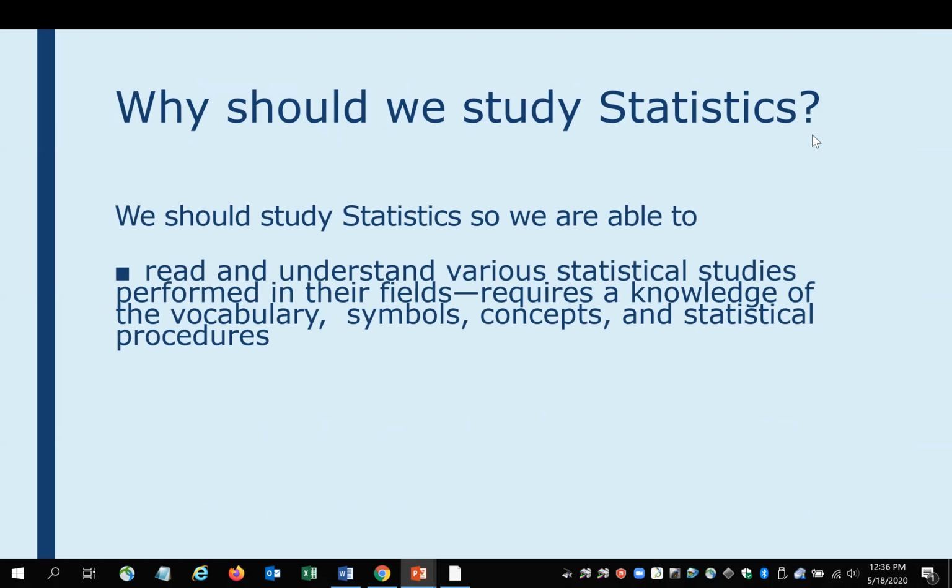One is so that you can read and understand various statistical studies performed in your field, which requires a basic knowledge of vocabulary and symbols and concepts. And you're going to gain that basic knowledge within this course.